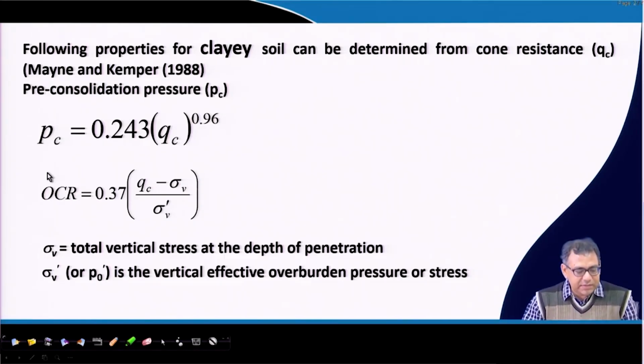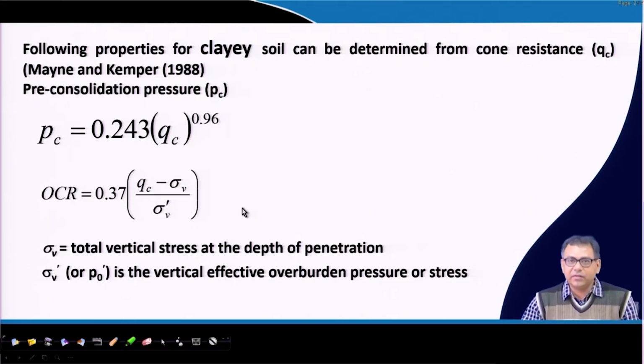The PC value we can get by using this expression. Here QC is the cone resistance, and the over consolidation ratio we can also get by using this expression. Sigma V is the total vertical overburden pressure and sigma V bar is the effective vertical overburden pressure.